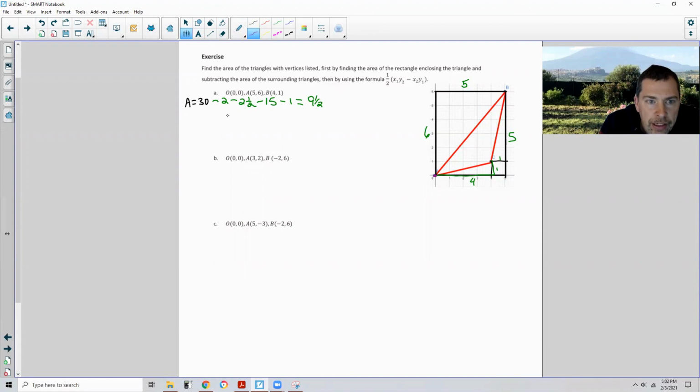And we're going to take area equals 1/2, and we're using this formula right here. x sub 1 is right here, 5, times y sub 2, which is over here, which is 1, minus, and this should all be in parentheses as well, minus x sub 2, which is here, 6, times y sub 1.